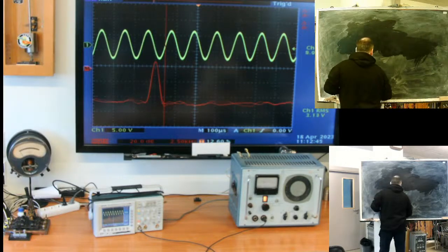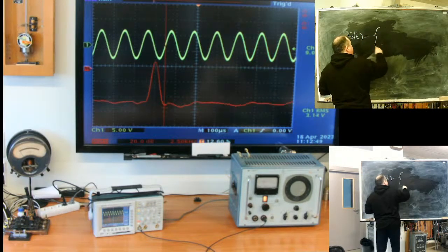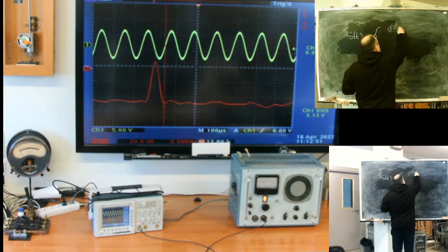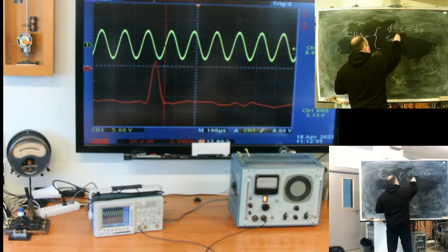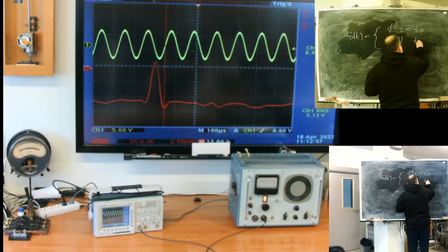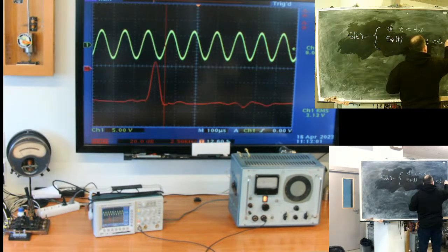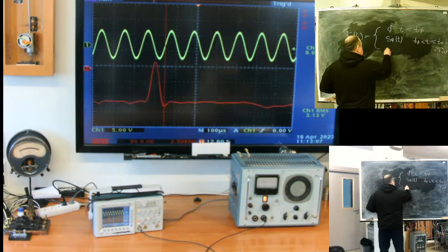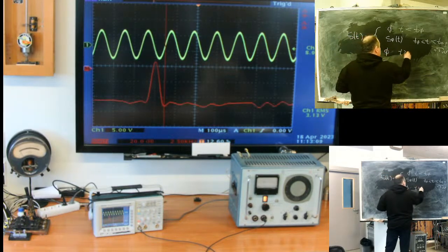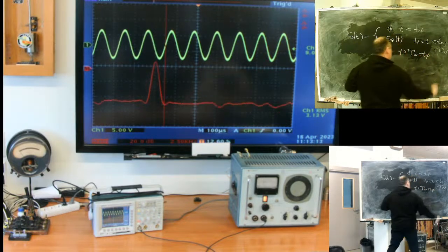So we observe a signal which is 0 when time is lower than 0, the original signal from time 0 to 0 plus the observation window, and 0 when time is greater than that.